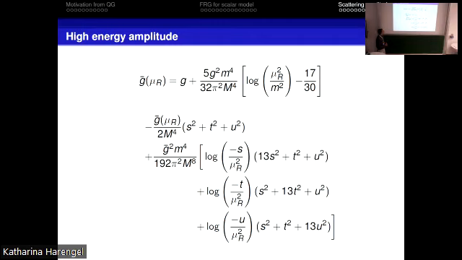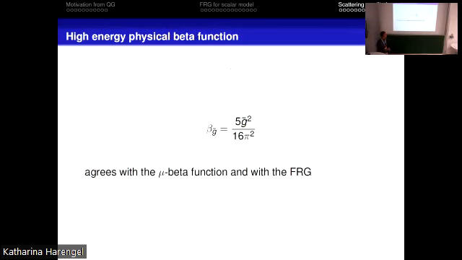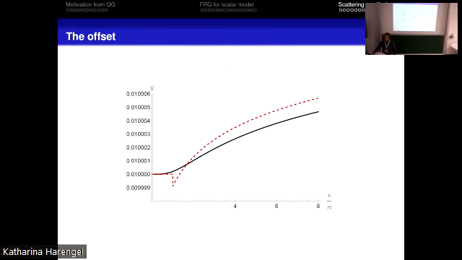So on the basis of this amplitude, you can define a physical beta function for G. It makes sense now, and it's just 5G squared over 16 pi squared. It agrees with the mu running in this case, and it also agrees with the one loop FRG calculation. So in this regime, actually all definitions agree.